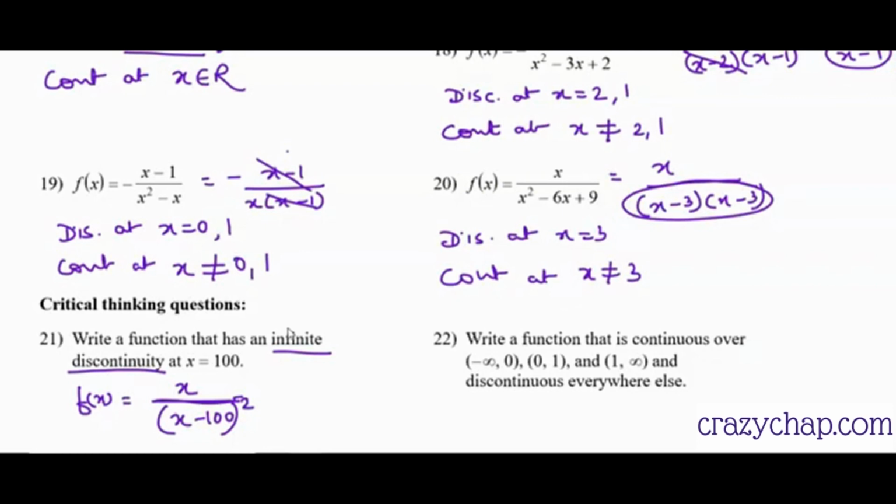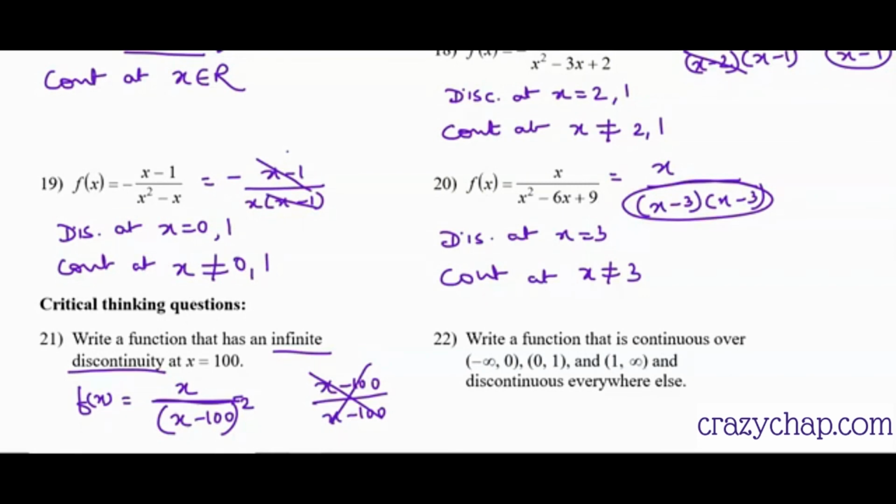Like you should not write x minus 100 over x minus 100. The numerator can be anything, but the denominator has to have a factor of x minus 100.